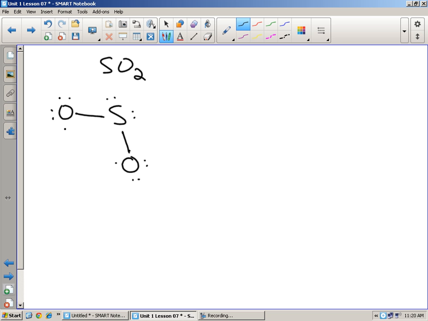So, we see this, and we see this, yes? Can you hook those up? Are those on adjacent atoms to each other? Is that electron right beside the other electron on the same atom?